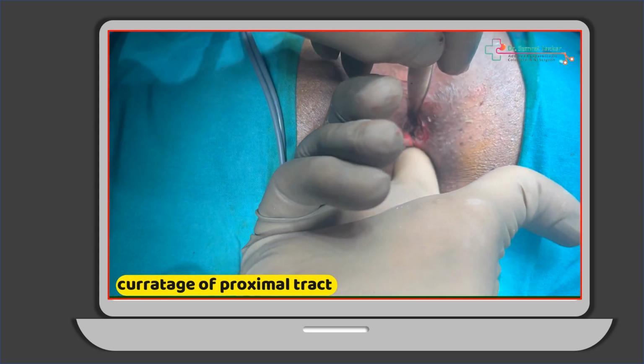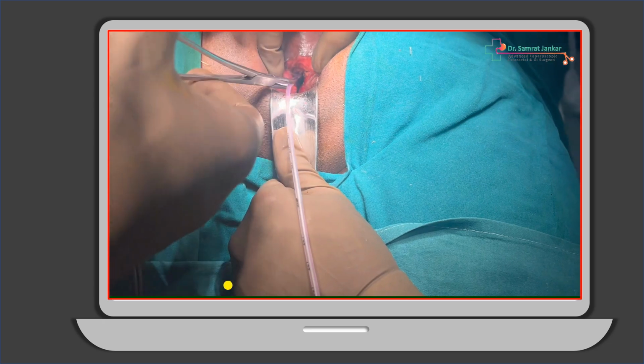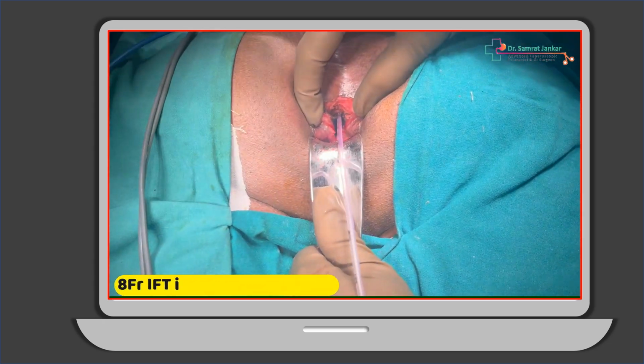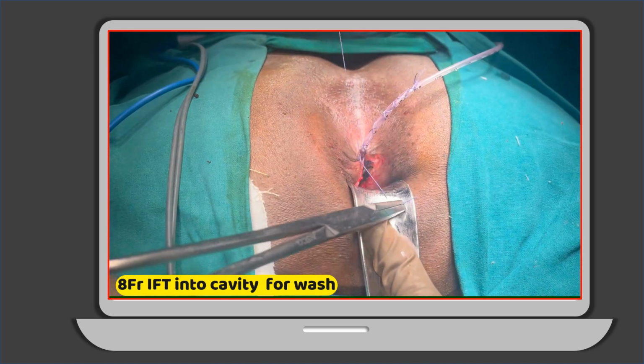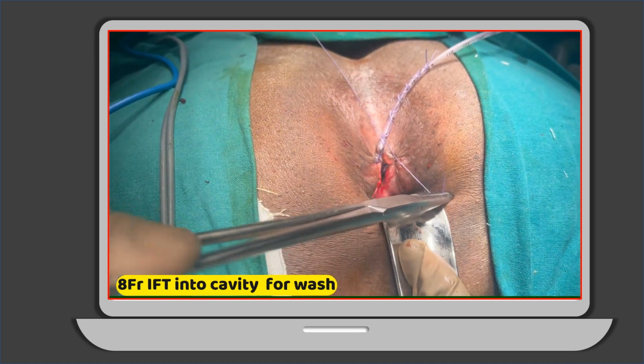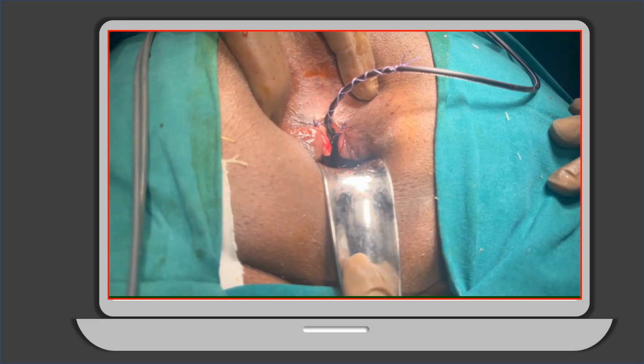Whatever leftover tract, we are dilating nicely and curetting. We place the tube inside the cavity for thorough washing, and we fix the tube over the external sphincter intra-anally. We have not divided the external sphincter.